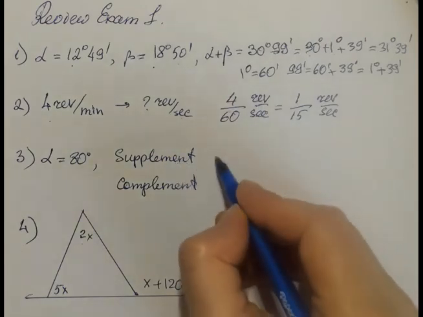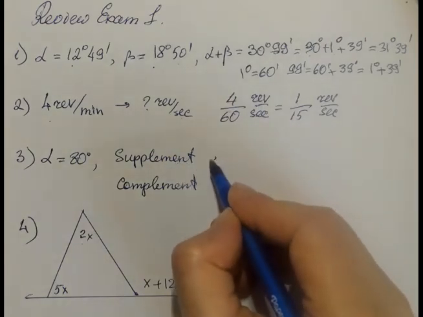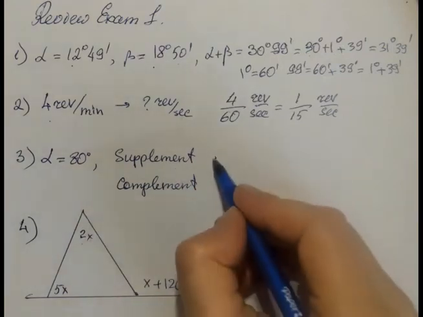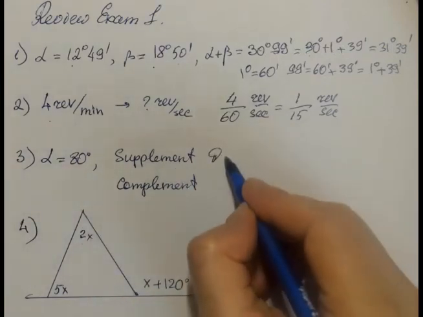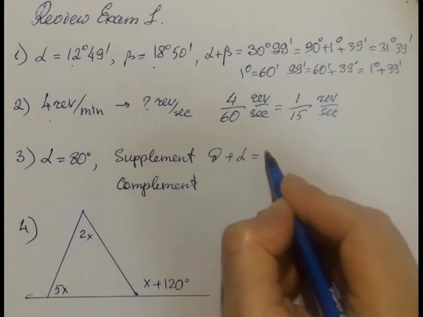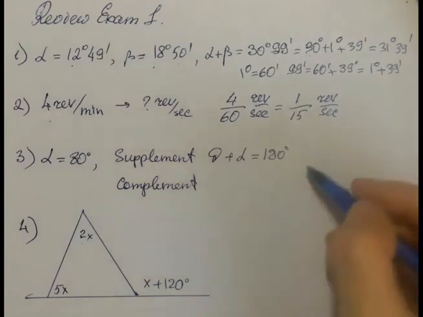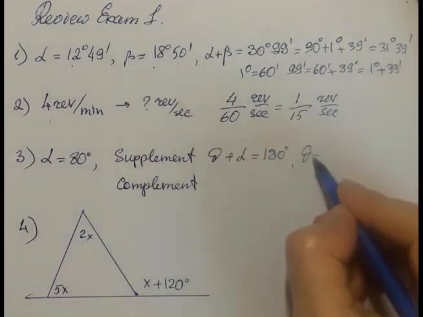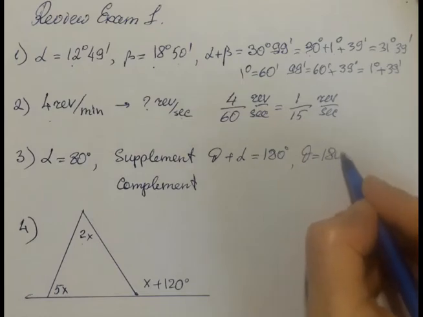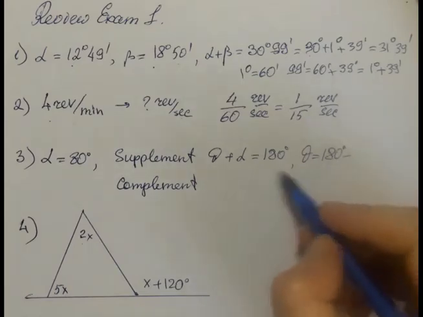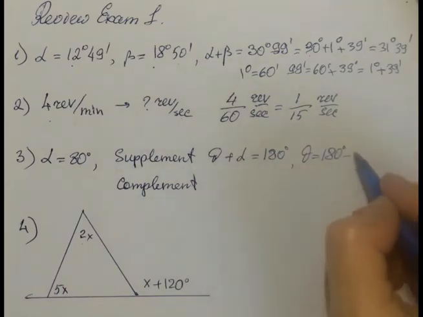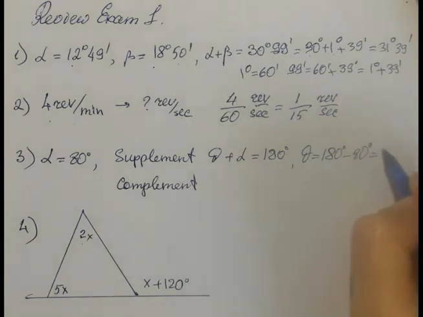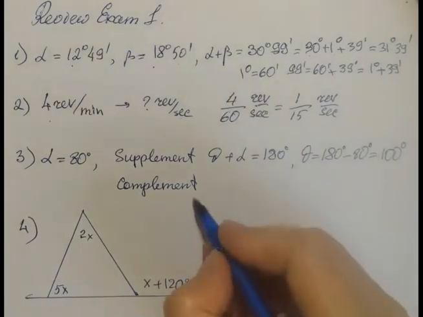So if theta is a supplement of 80 degrees, then theta plus alpha must be equal to 180 degrees. So to find theta, we subtract from 180 the measure of alpha, which is 80 degrees. So the supplement is 100 degrees.